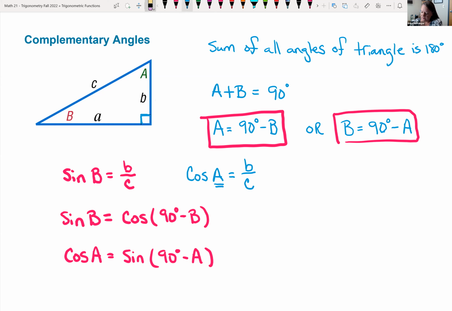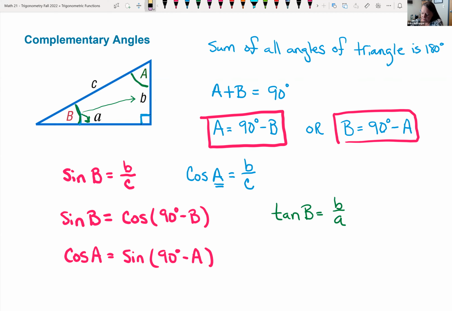So let's look at tangent of B. Tangent of B is equal to opposite over adjacent. So the opposite side of angle B is side B, all over the adjacent of angle B, which is side A. Or if we went to the other angle across the way, A, and look at it with cotangent.